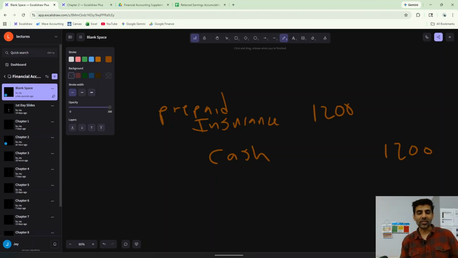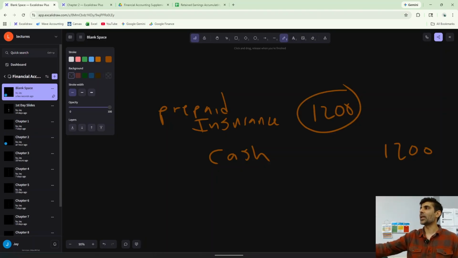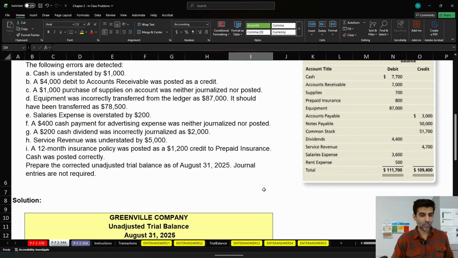Okay? So what they're saying is that you just didn't post this correctly. You put this as a credit instead of a debit. So that means we apply our double rule, right? We have to increase prepaid insurance. It is $800. We have to add 2,400 to that. Okay?